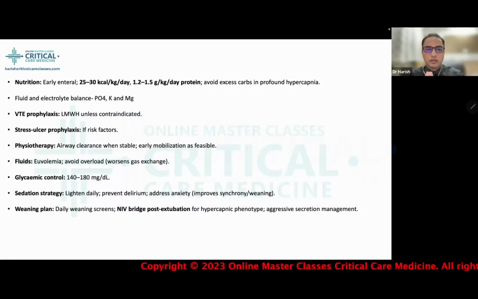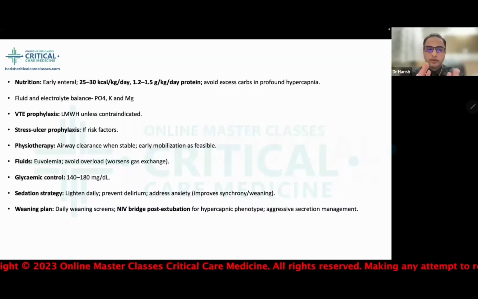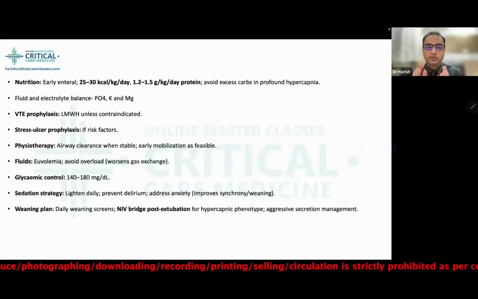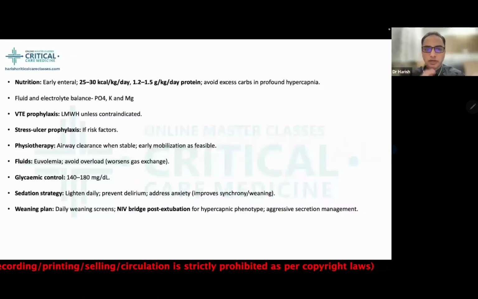Thromboprophylaxis with low molecular weight heparin, stress ulcer prophylaxis, physiotherapy, airway clearance, and mobilization when the patient is stable. Fluid, as I already told, euvolemia; avoid volume overload which may worsen the gas exchange. Glycemic control: these patients are already on steroids, so you need to target a sugar of 140 to 180.